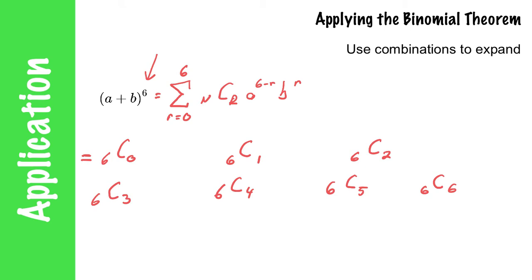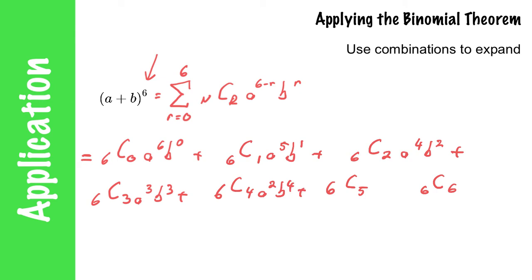And so now we'll deal with a and b. So it's a to the 6, b to the 0, a to the 5, b to the 1, a to the 4, b to the 2, a to the 3, b to the 3, a to the 2, b to the 4, a to the 1, b to the 5, and a to the 0, b to the 6.